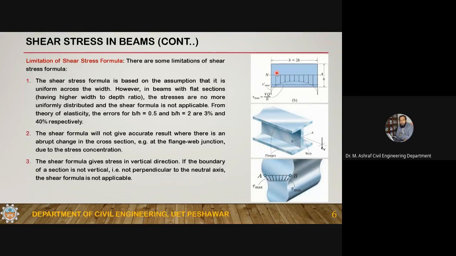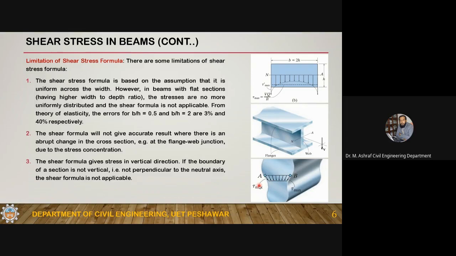If you have an inclined surface of the cross section, the actual stresses will be in this direction, but since your formulation gives you stresses in this direction, it will be wrong. So the formula is also not applicable when you have some inclined surfaces.